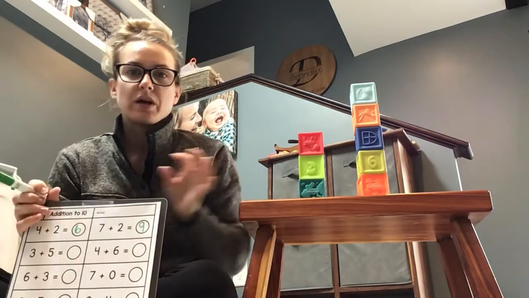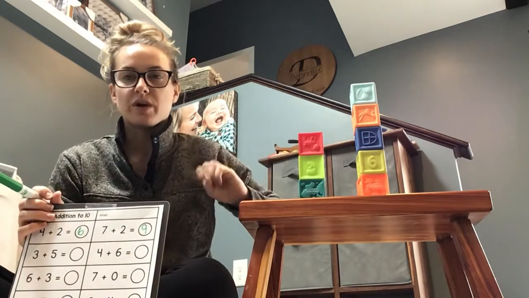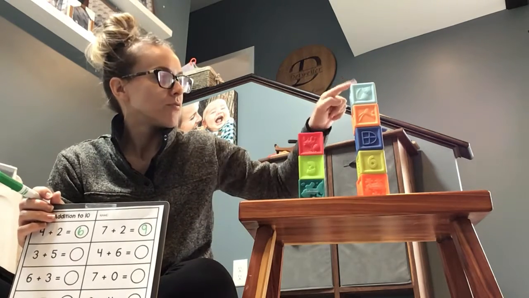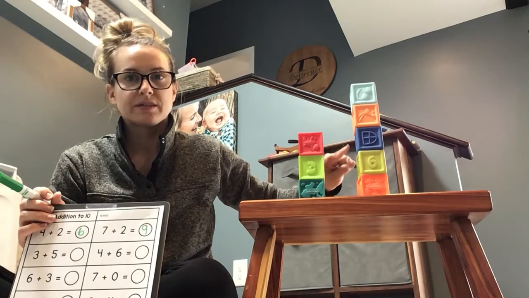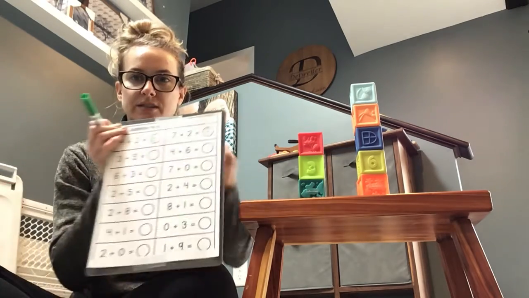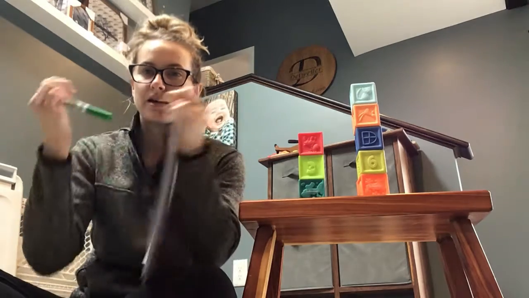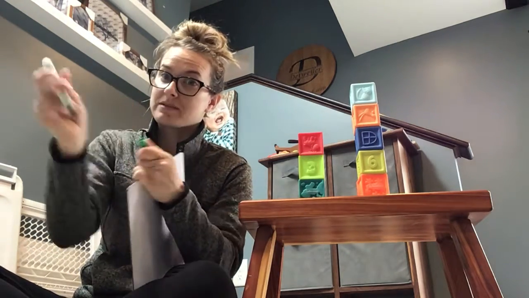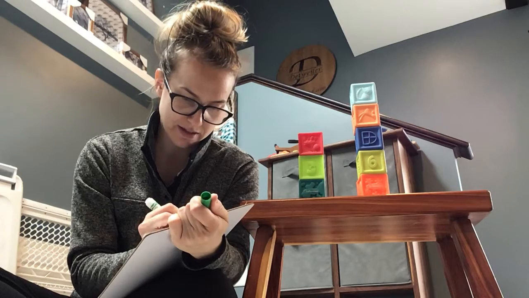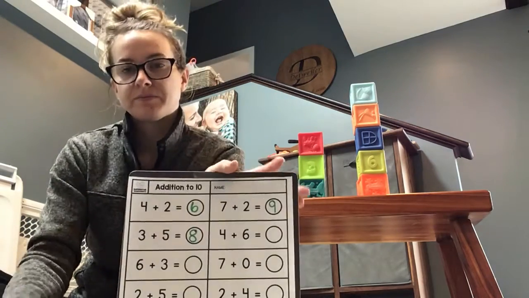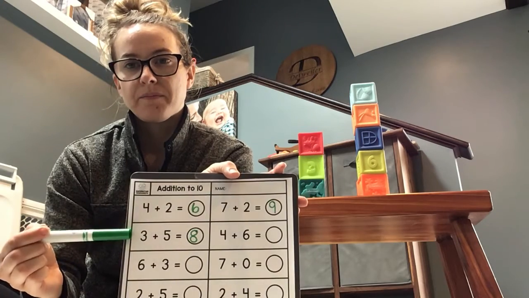So we're going to count all of these together. 1, 2, 3, 4, 5, 6, 7, 8. So you're going to take your pencil and write the number 8 in that circle. Remember, no snowmen. Make the S, cross to the top. Nice. Great job. Okay.